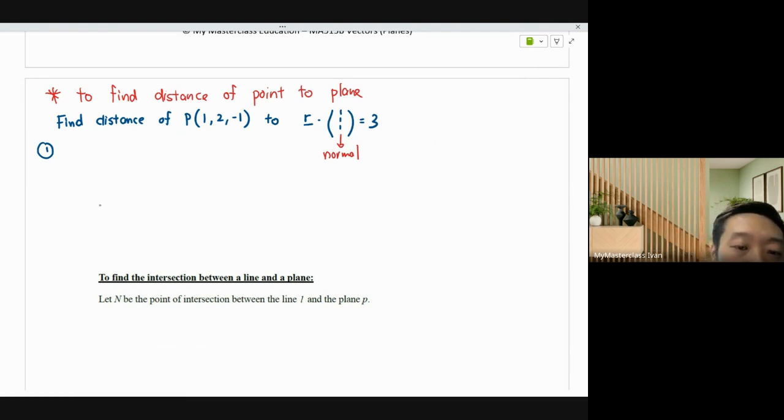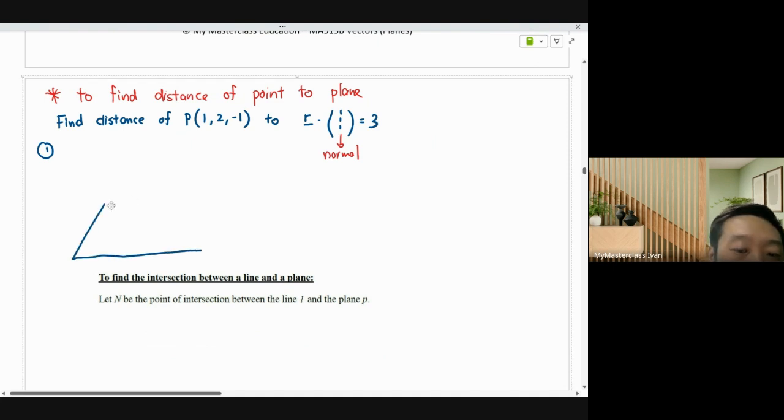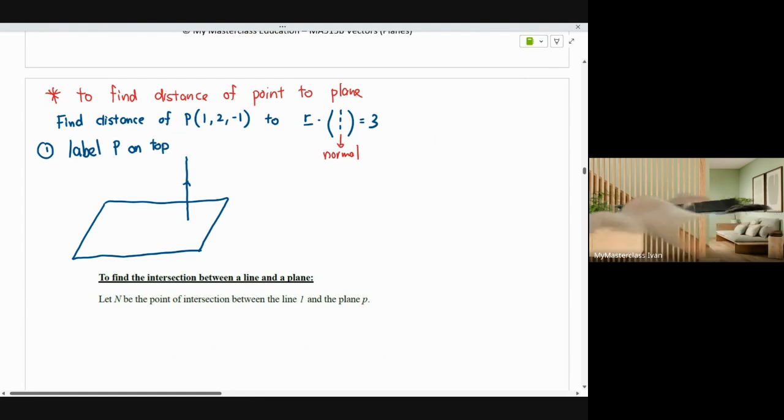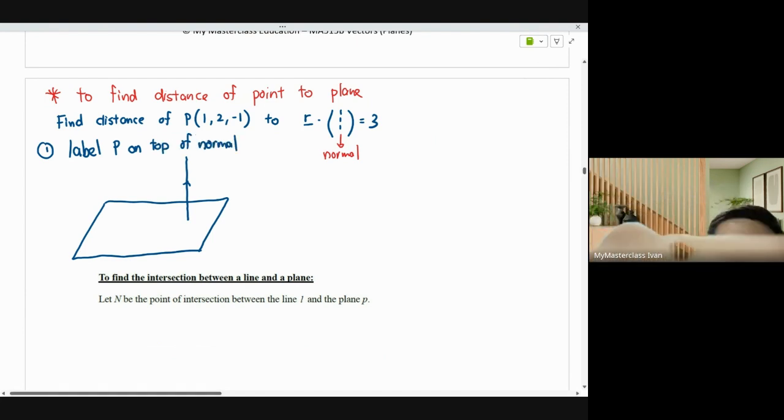So I will draw a plane here, draw a normal. Always label P on top of the normal. So P is like here, (1, 2, minus 1).